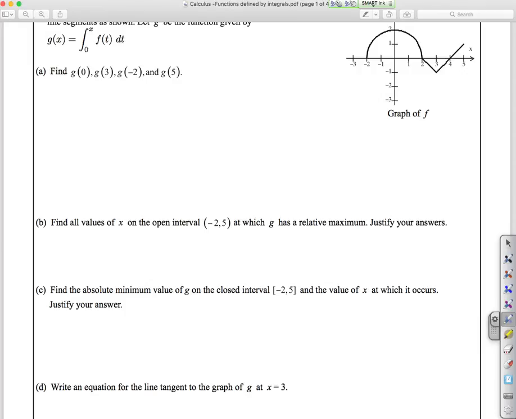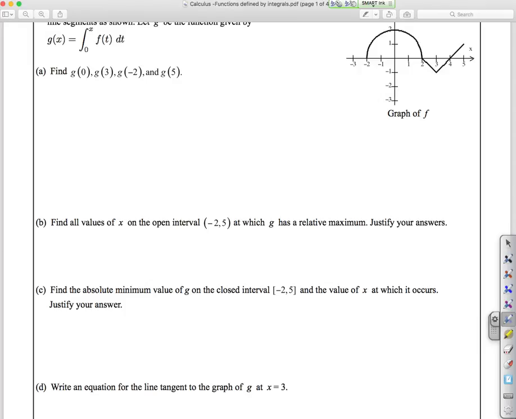Now, we've established that f is the same thing as G prime, but if they give you a graph and label it f, then you want to call it f when you use it. So I want to say I have a maximum at x equals 2 because f changes from positive to negative. So that's what I want on B. Relative max at x equals 2 because f changes from positive to negative.